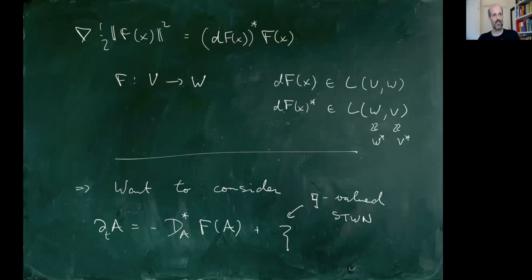Because space-time white noise is the noise that has as its covariance the L2 norm. And that's the norm with respect to which we took the gradient here, since this is the L2 adjoint.